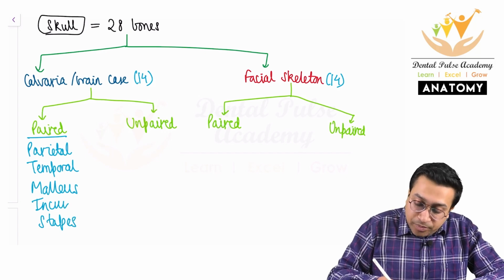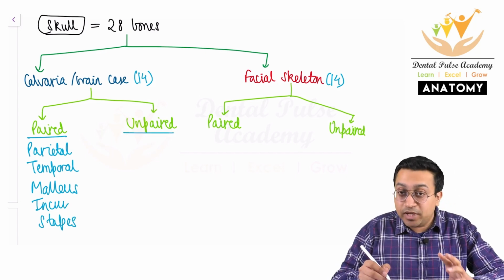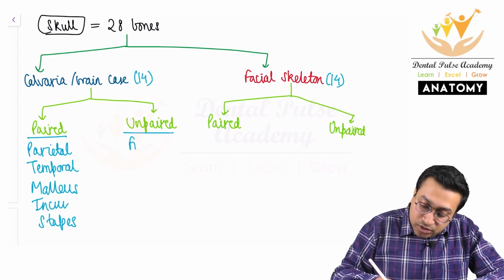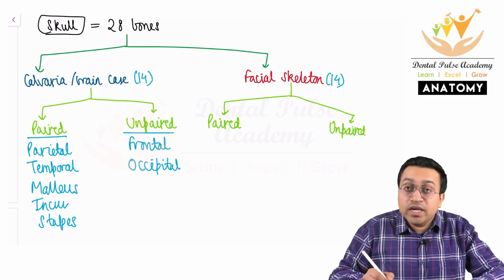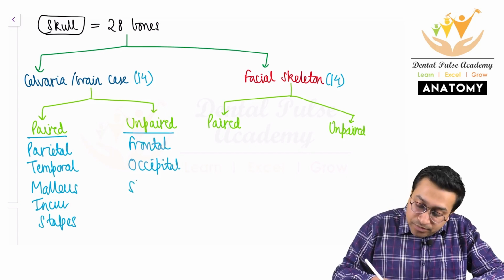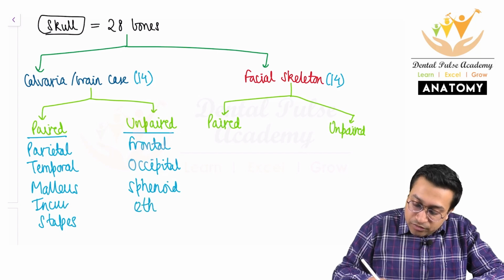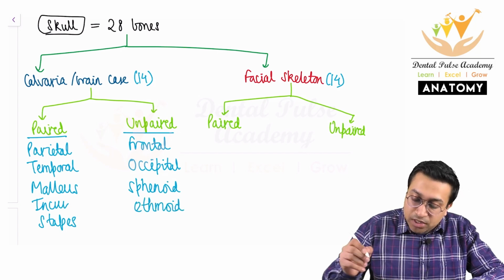Whereas the unpaired bones forming the brain case are the frontal bone, the occipital bone, the sphenoid and ethmoid. We will be seeing them in multiple images.